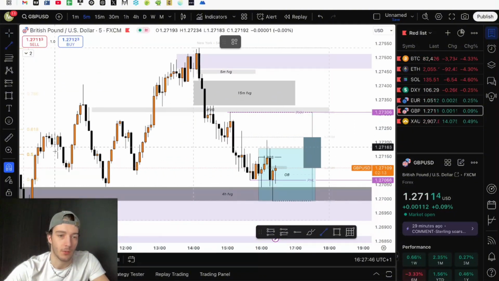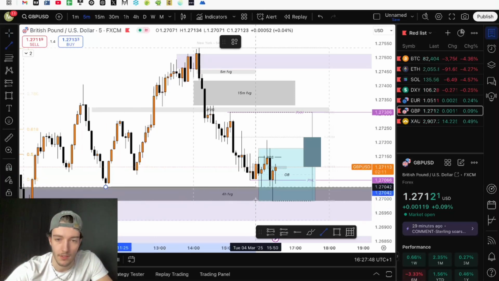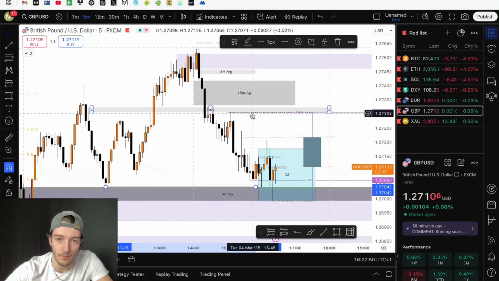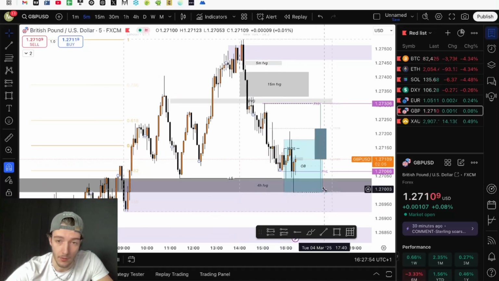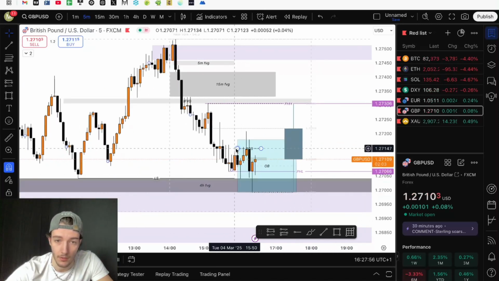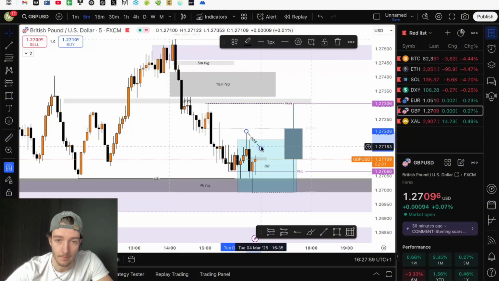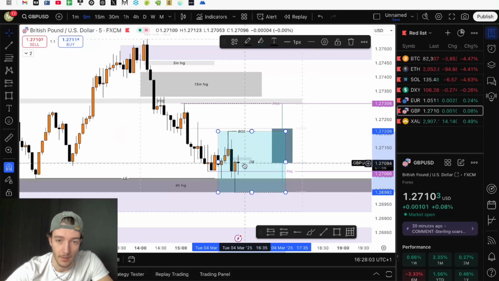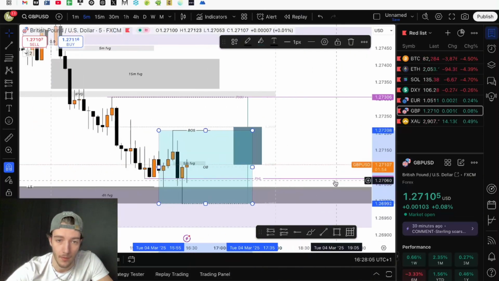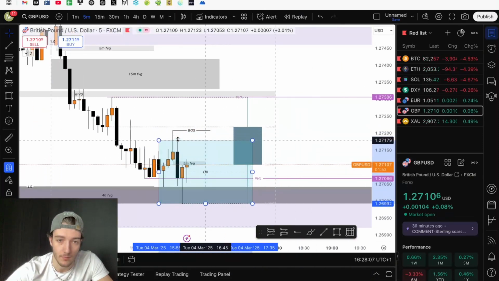If this is a liquidity sweep, then technically we can, and we tapped into this 4-hour fair gap and London lows. If I see a break of structure here, disrespecting this 5-minute fair gap, that would be nice.